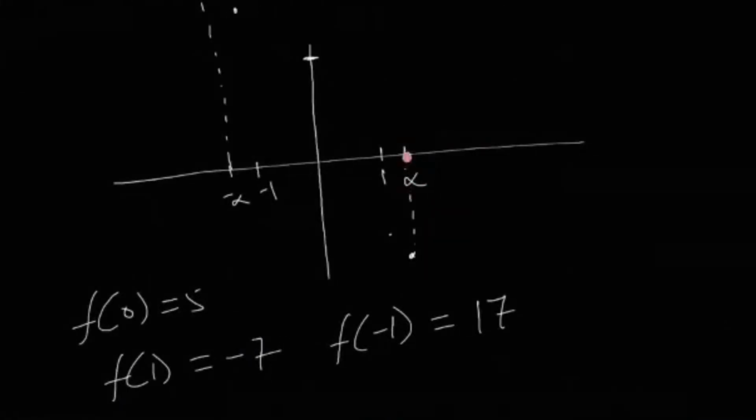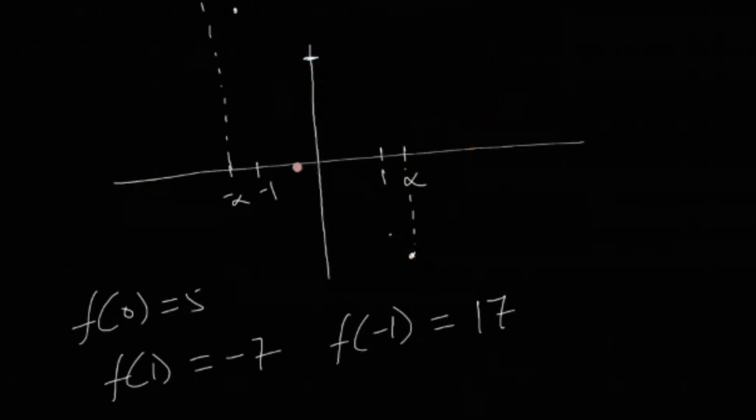So here it is alpha, suppose. Then the function is obviously decreasing. At alpha, it is actually negative, and at minus alpha it was going to be some positive quantity, the local maximum. So the function is something like this: increasing, achieving the local maximum at minus alpha, then again decreasing, and achieving the local minimum at alpha, and then again increasing.